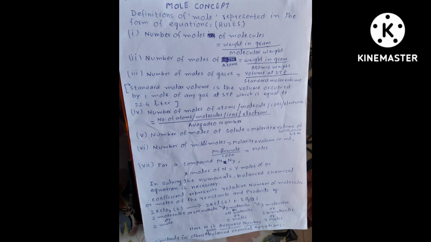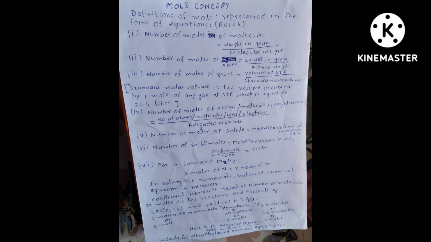Then 1 gram water will contain 16 by 18. Then for 100, it means 16 into 100 divided by 18. Whatever comes, that is the percentage of oxygen. Like that way you can calculate the mass percentage of any element in the given compound, by following this method.